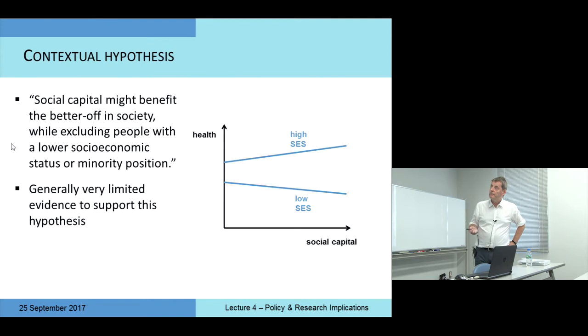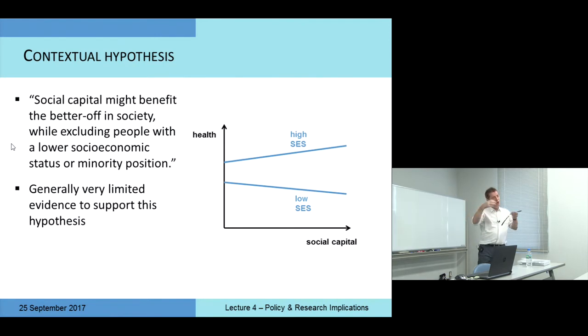Okay. So just to summarise, there's not much evidence for the dependency hypothesis, but I've just shown you an example where there was some support. And the third hypothesis about the interrelationship between social capital, health and inequalities is called the contextual hypothesis. Social capital might benefit the better off in society, while excluding people with a lower socio-economic status or minority position.